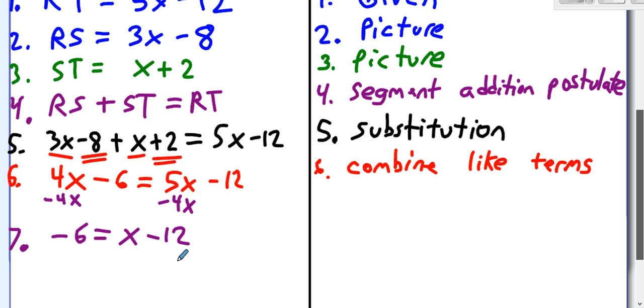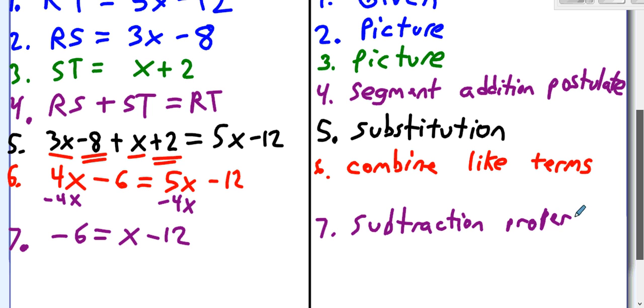And then your reason is always just, what did you just do? We subtracted 4x. So that is the subtraction property of equality. The pen started writing weird.